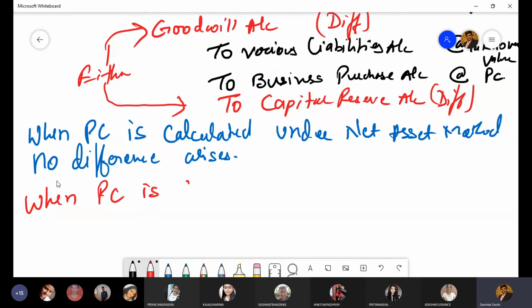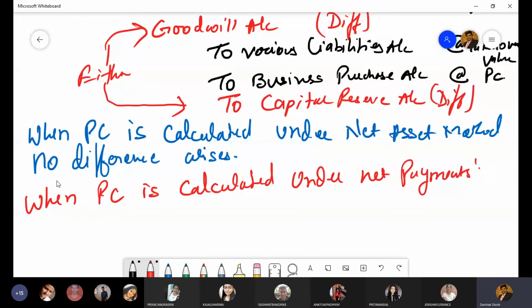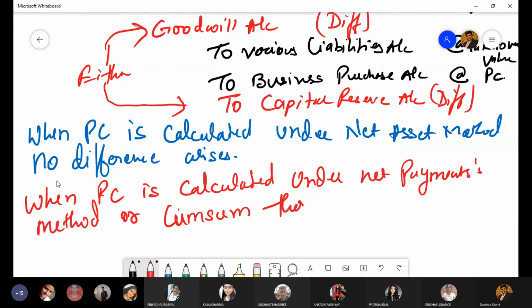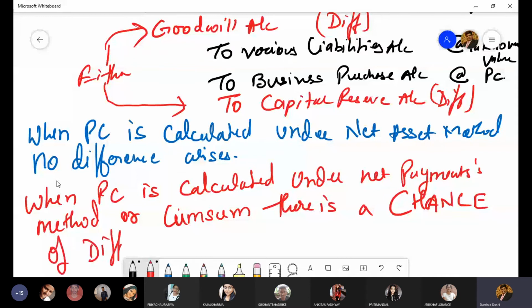When PC is calculated under net payments method or lump sum, there is a chance of difference.